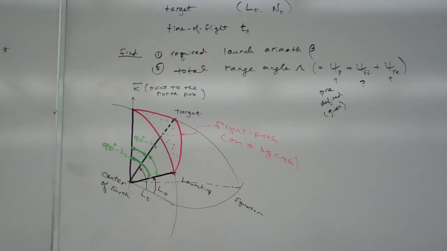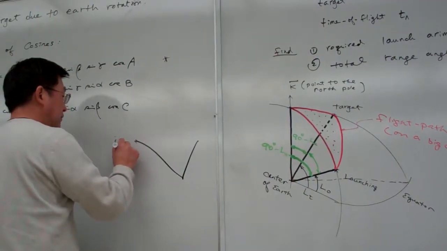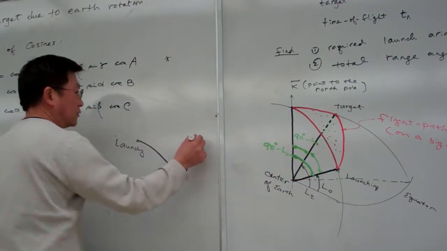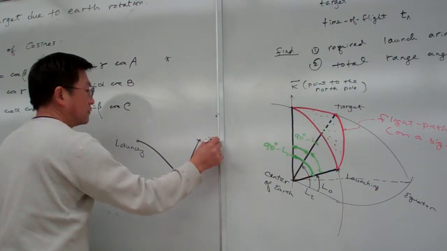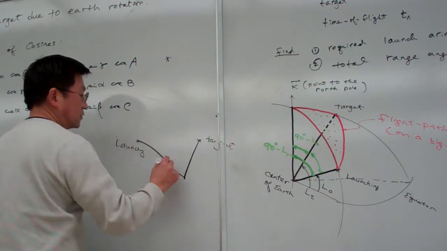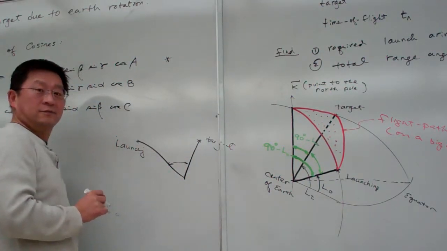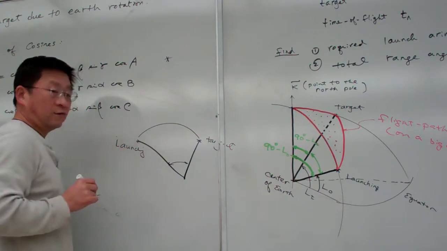Anyone? That angle, let me draw it into the plane. This angle is the angle from our launching site to target. So this angle is from here to here, and this is our flight path.